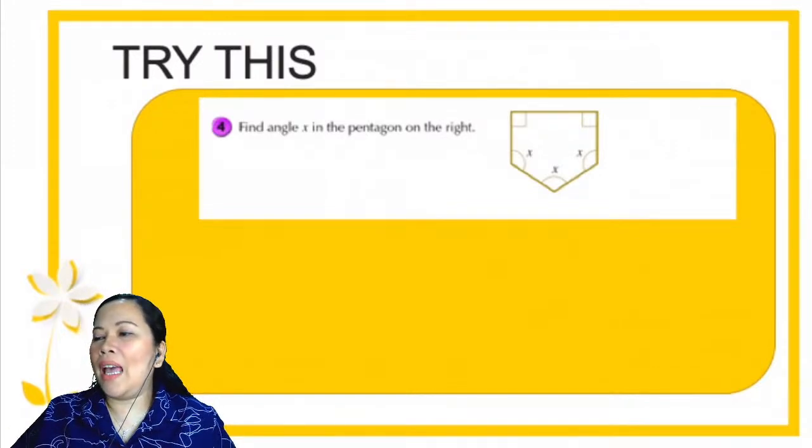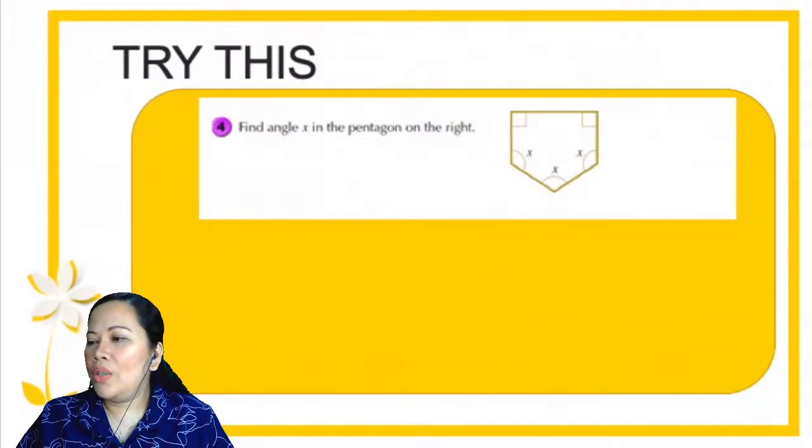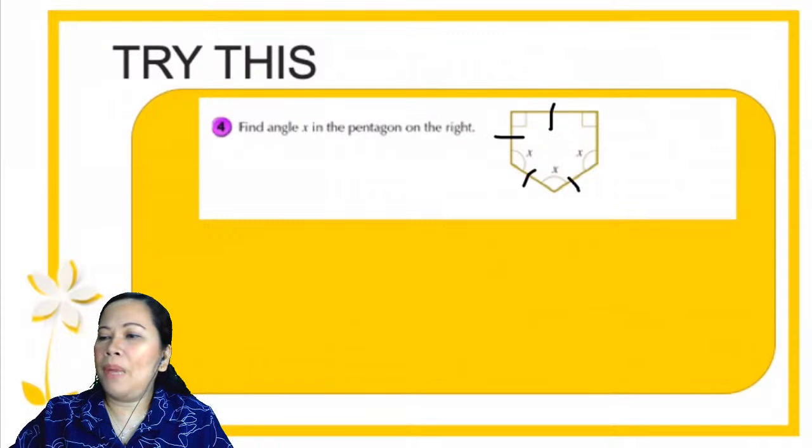Find the angle X in the pentagon on the right. Yes. So 1, 2, 3, 4, 5. It's a pentagon. So what's the first step?